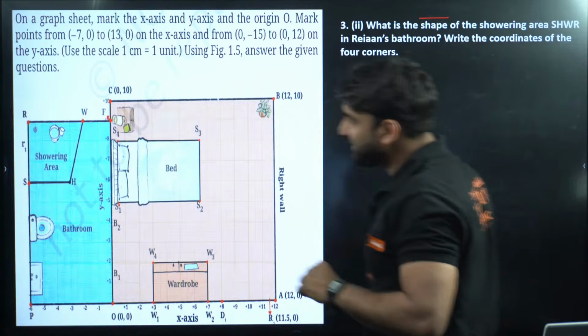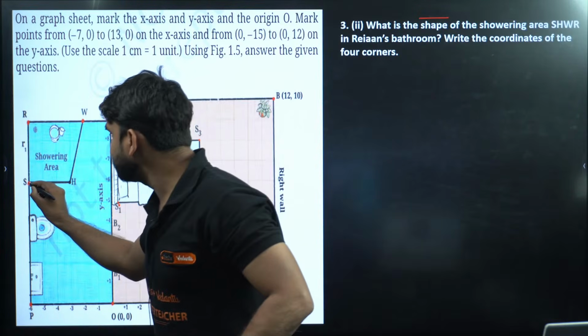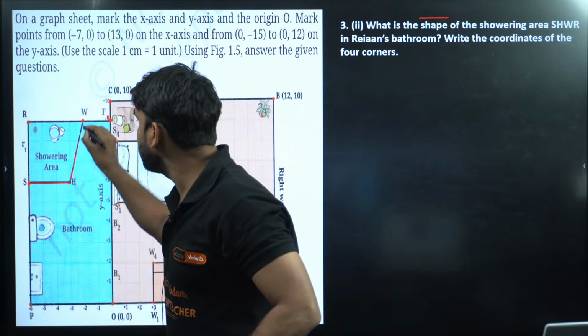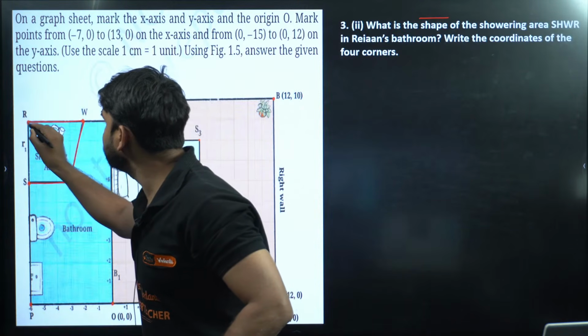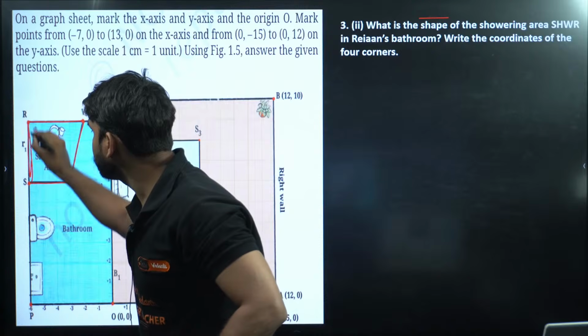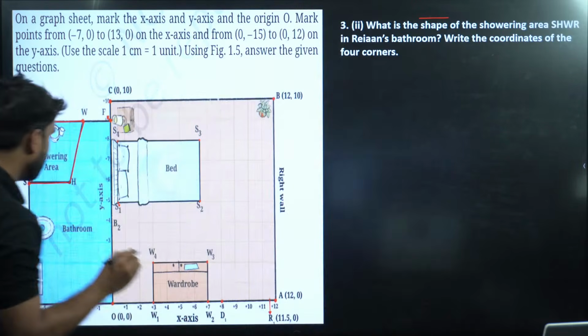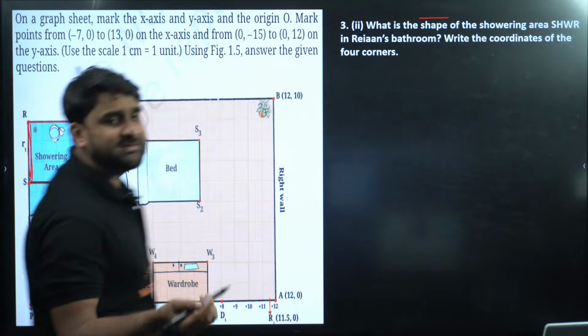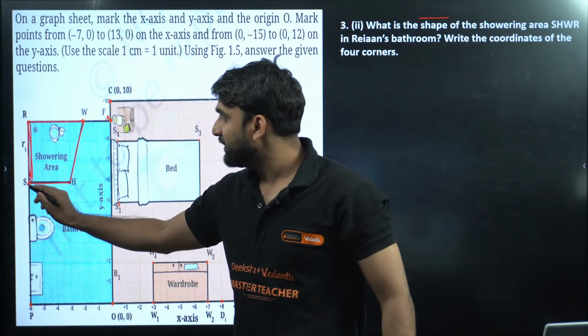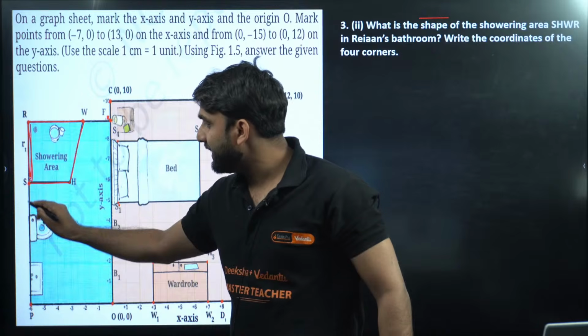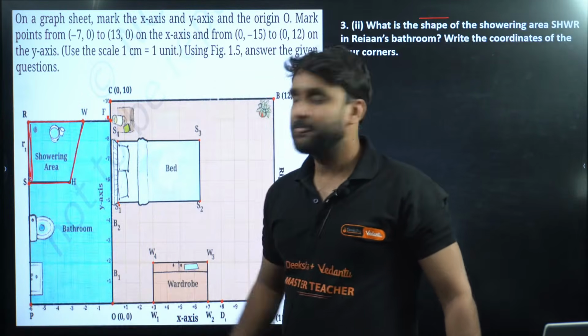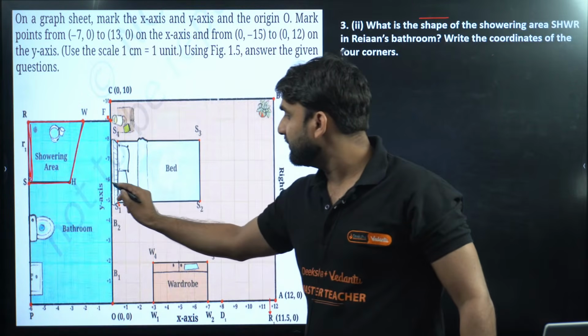Where is SHWR? This is SHWR, the showering area. So what will be the coordinate of S? Where is S? This is S. For this point, the x coordinate is minus 6 and the y coordinate is this here, 6.